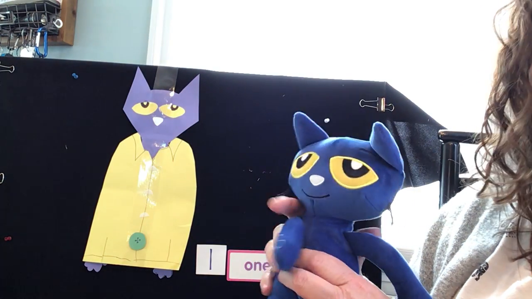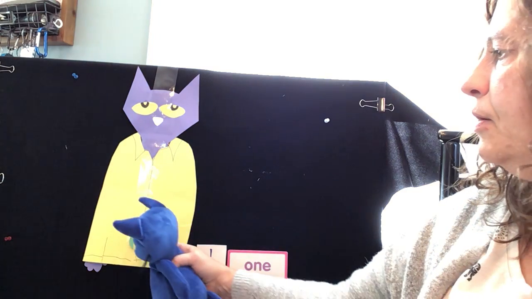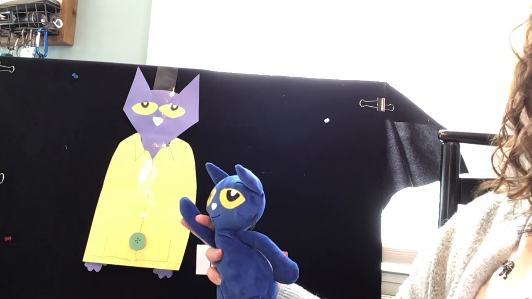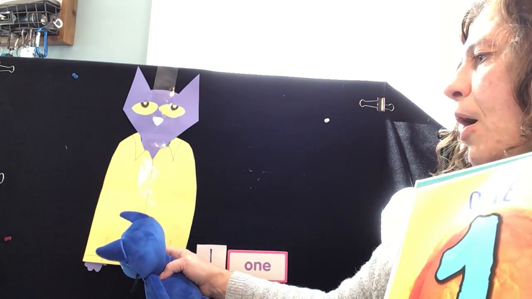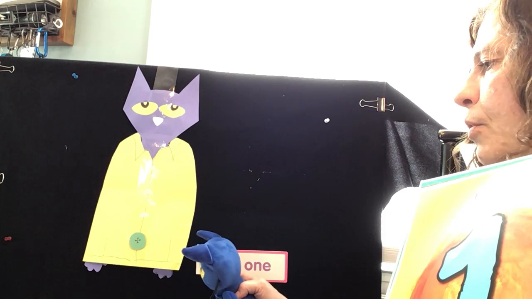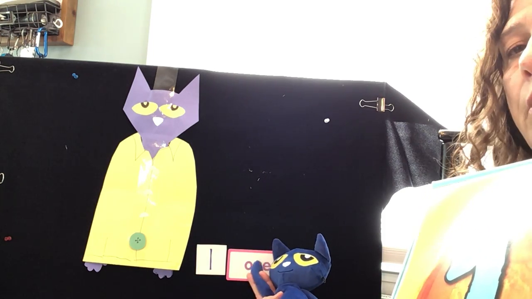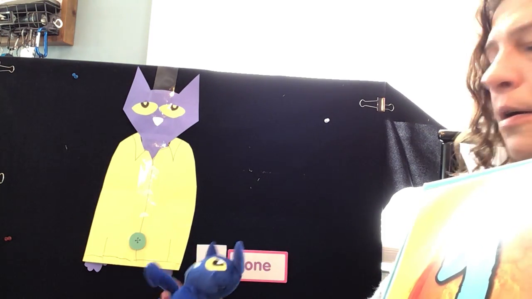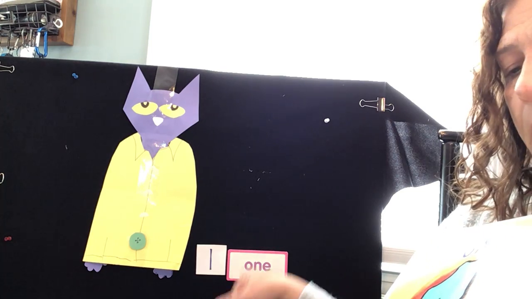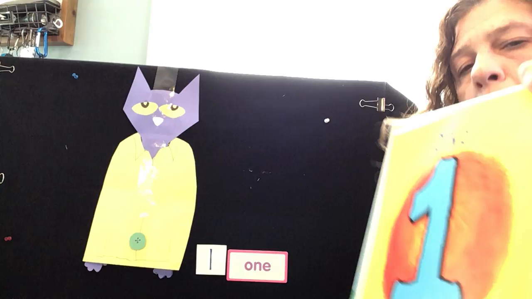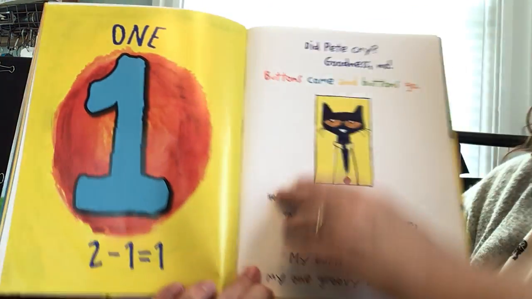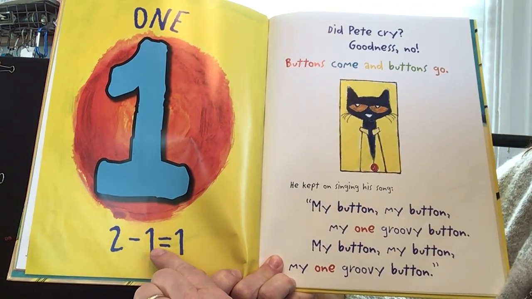And how many buttons are left? Look at that. How many? Oh, 1. Number 1 and word 1. Oh boy. 2 minus 1 equals 1. There it is. 2 minus 1 equals 1.